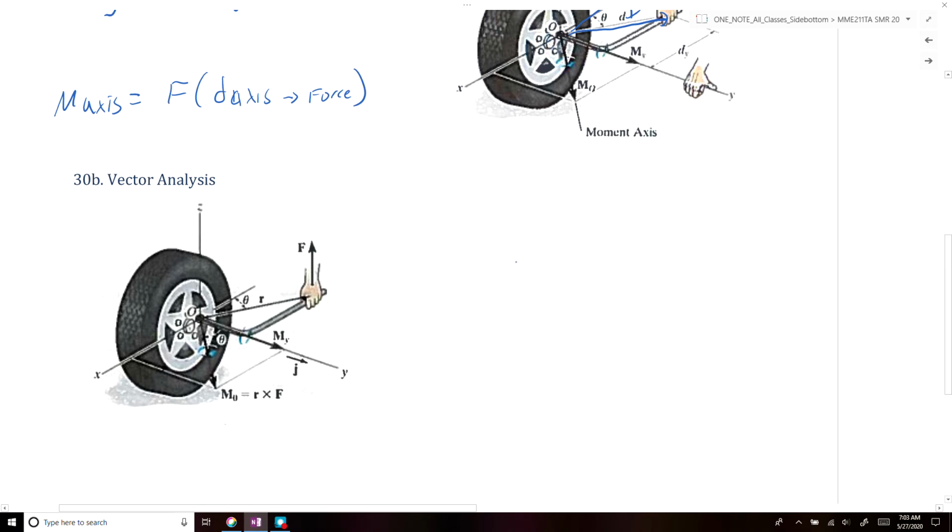You can also calculate the moment about an axis using vectors. To do that, we can use the dot product. One of the applications of the dot product is that you can find the projection of one vector along another.